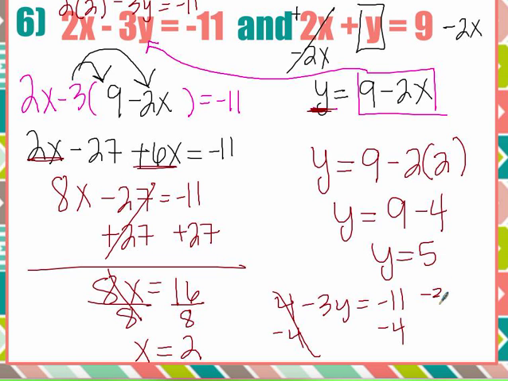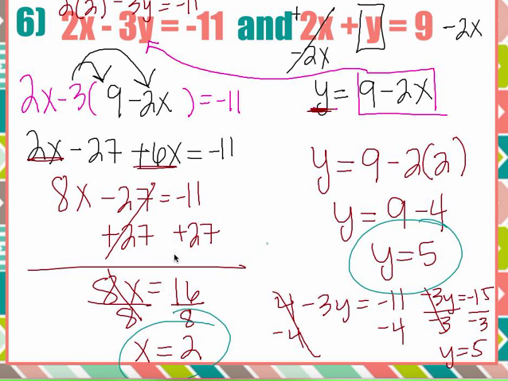I'd have negative 3y equals negative 15. And when I divide both sides by negative 3, I get y is equal to a positive 5. So it works in any of these equations. You just got to go back and find out what y is equal to so that you can have your x and your y to write the actual solution that they intersect at the point (2, 5).